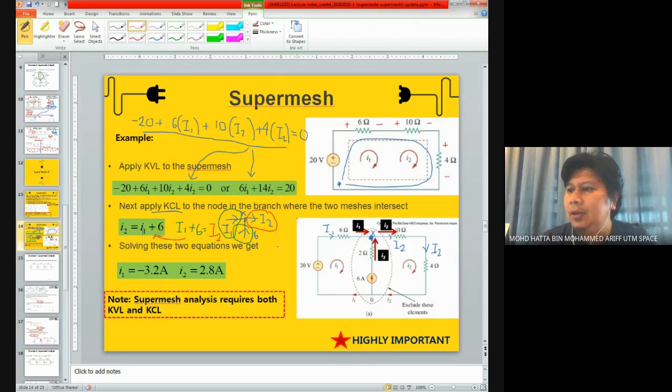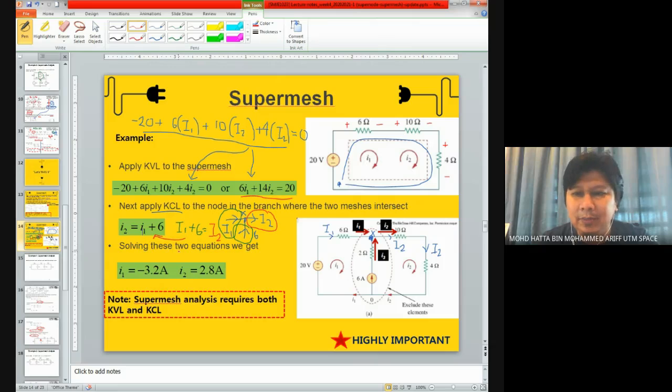And looking at the two equations that we got earlier, basically we can solve the first equation because we know the definition of I2. So when you substitute this I2 inside this equation, you can find both answers for I1 and I2.